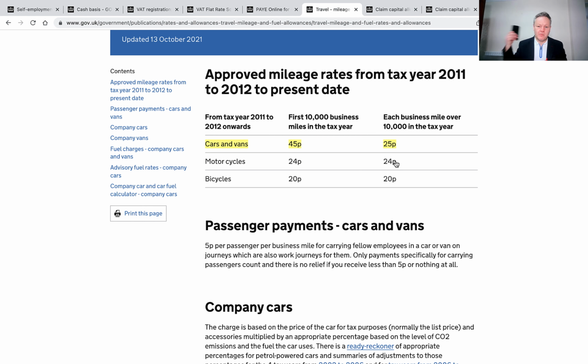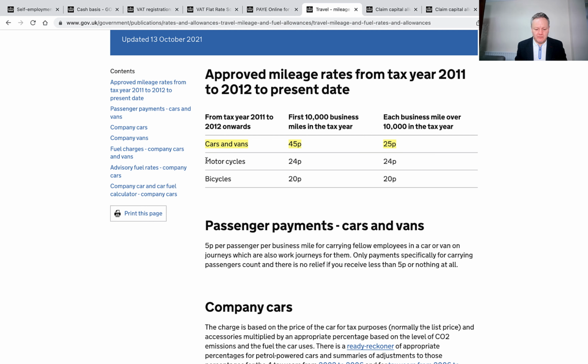Everyone has a mobile device with them. You can easily put an app in your car with a start and finish. These car mileage apps are very good because they will break it out by tax year. You can press start on your business journey, and just press stop and it will record the journey itself. So that acts as a brilliant logbook for you rather than creating a manual book.